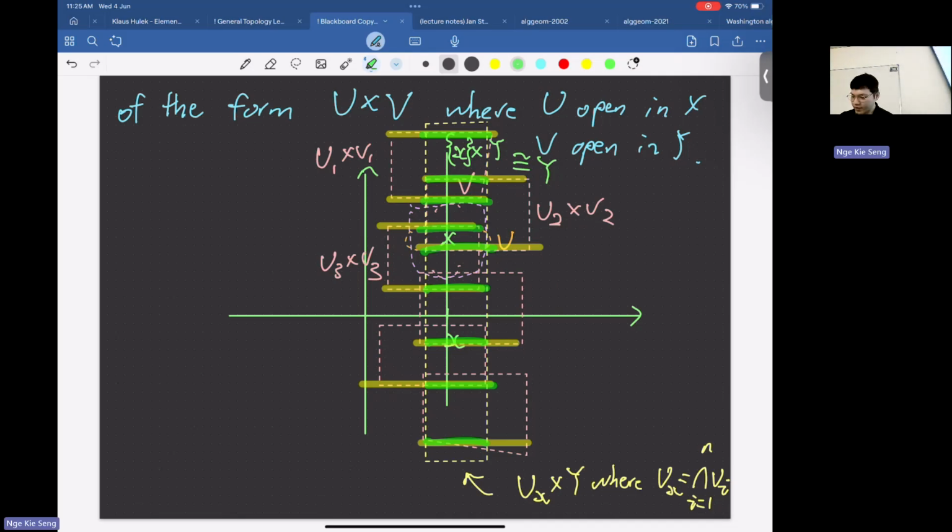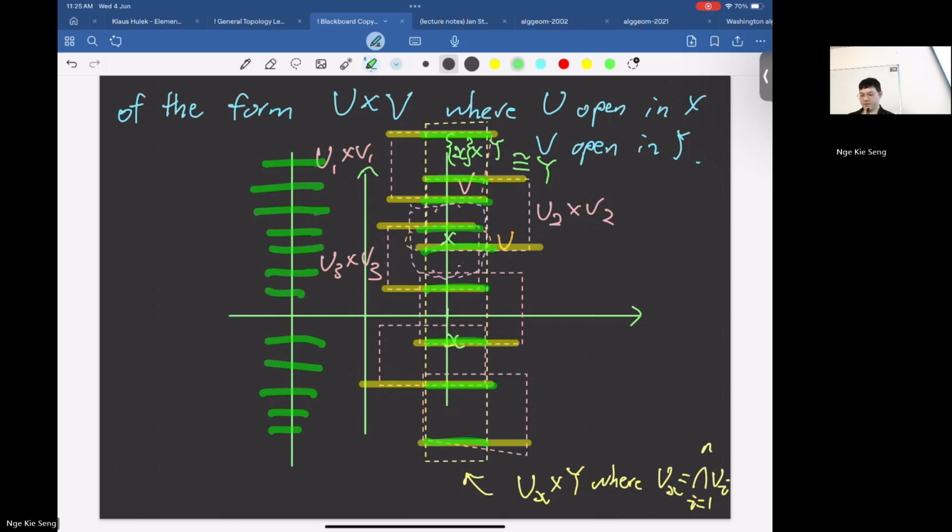If you take another line here, similarly you get this UX around here. You should imagine that this UX could lie very close to the point we started with. Then we also have this UX here. Okay, make sense? Yes.